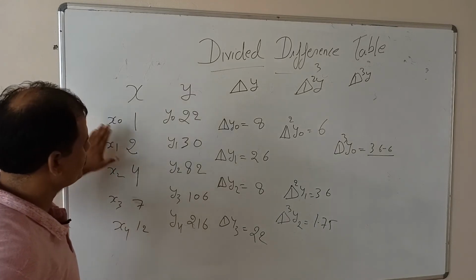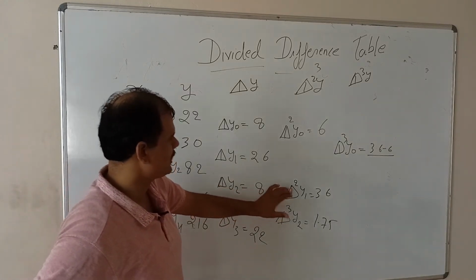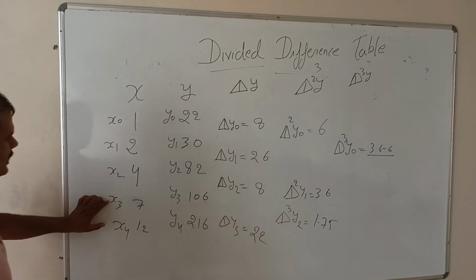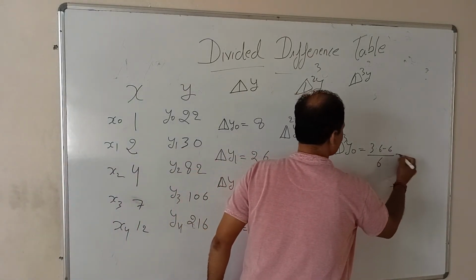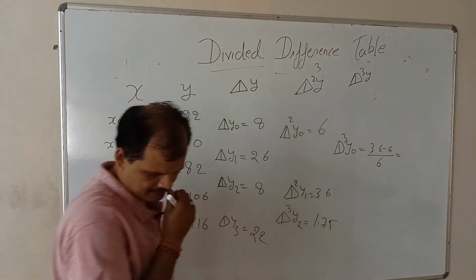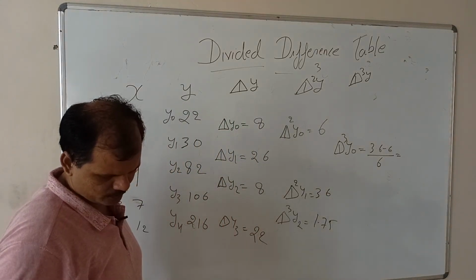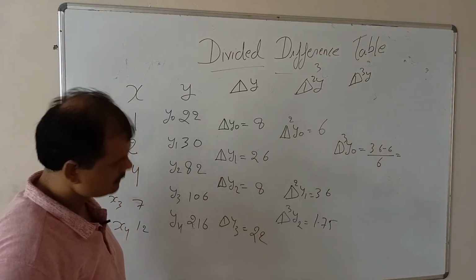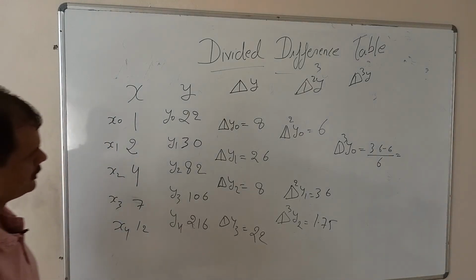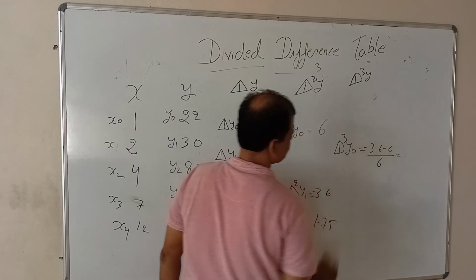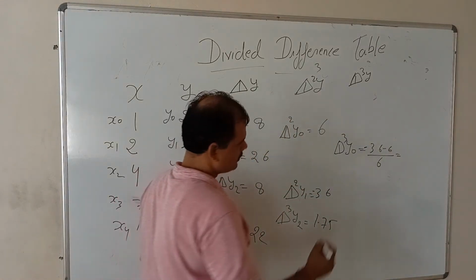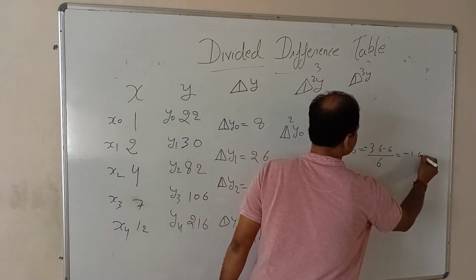Because we are using the delta square y1, so then x3 will come. So 7 minus 1, so we get 6. So minus 3.6 minus 6 by 6, we get minus 1.6.